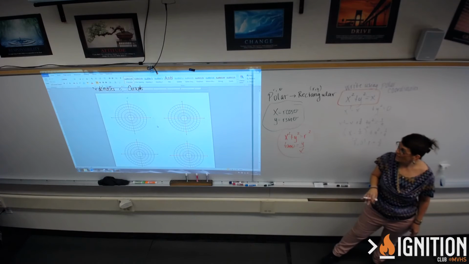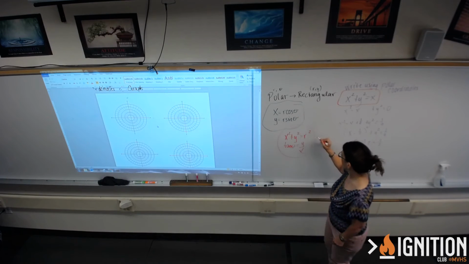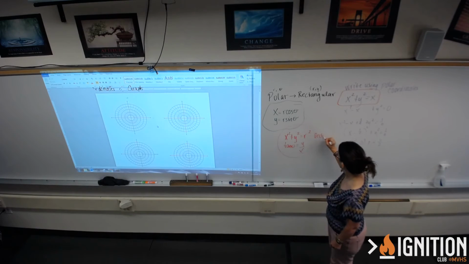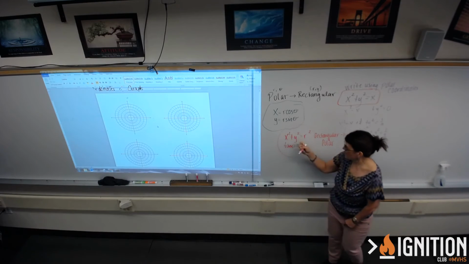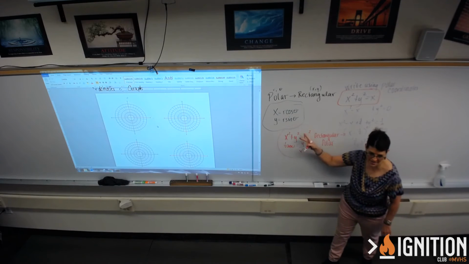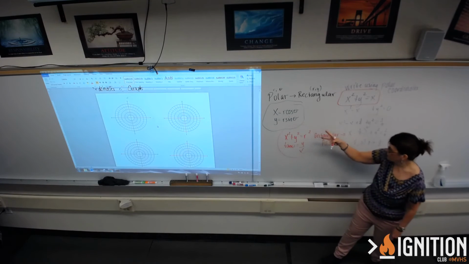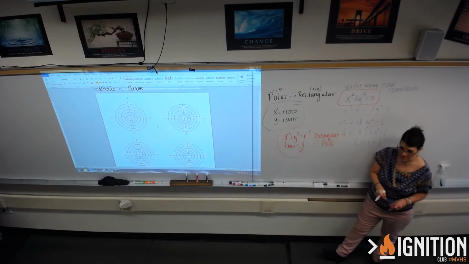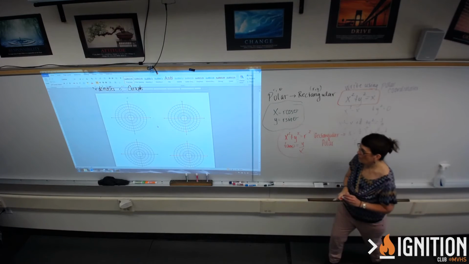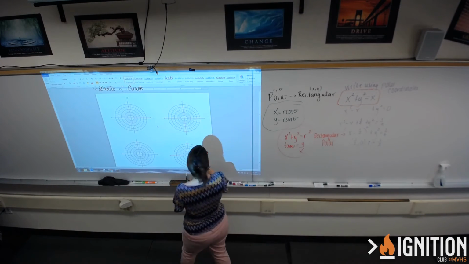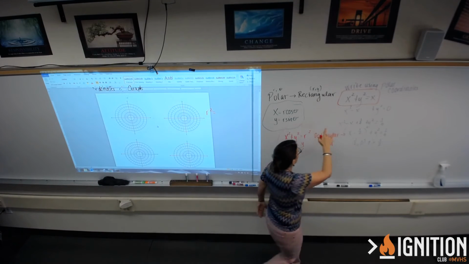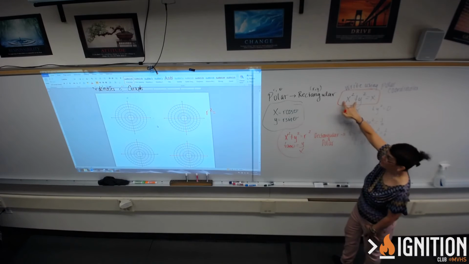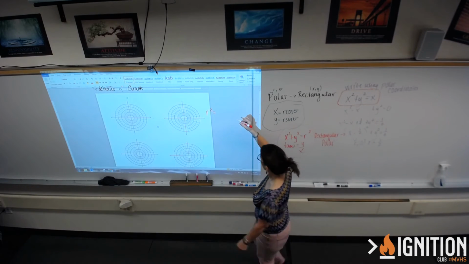This is rectangular. How do you know? If it's rectangular, it has nothing but y's and x's. To convert it to polar, help me out. What's x squared plus y squared? R squared. It's a straight substitution. What's x? R cosine theta.